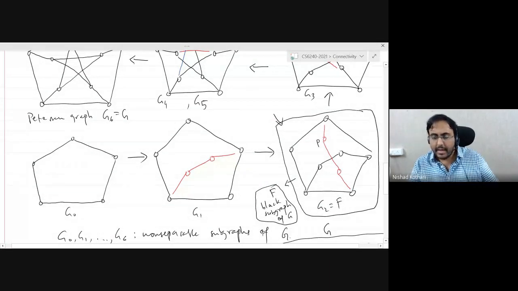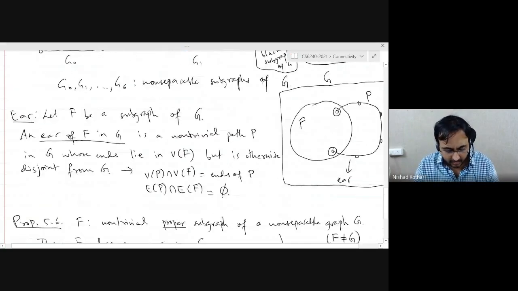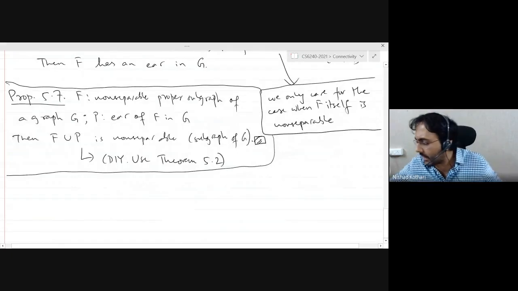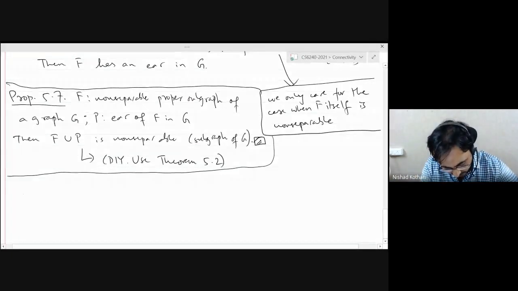Then the proposition is saying that whenever you do this, you get another non-separable subgraph of the original graph. So the fact that it is a subgraph of the original graph is clear. That follows from definitions. What you need to show is that it is a non-separable graph. Okay, so that is the content of Proposition 5.7. And in the remaining 3 minutes, I think we will be able to prove Proposition 5.6.